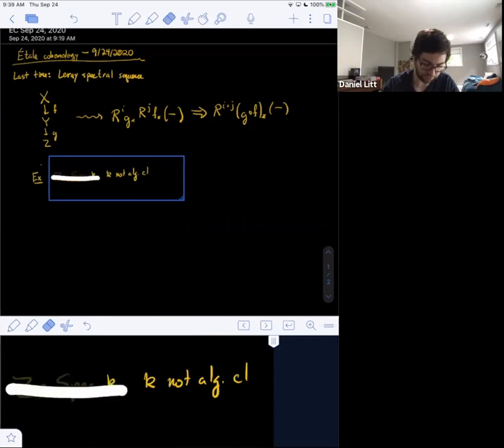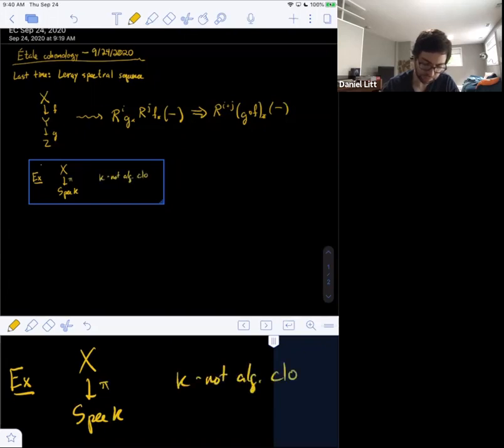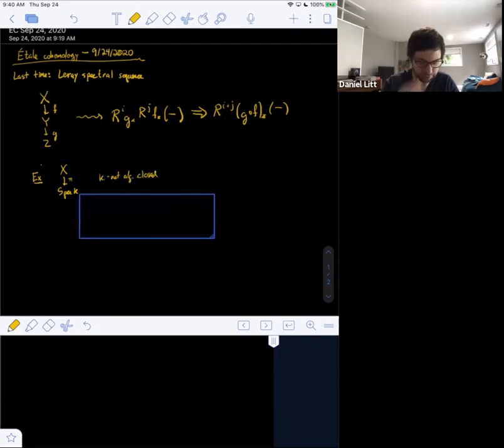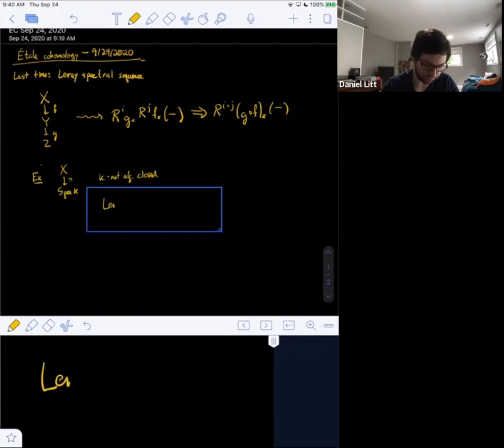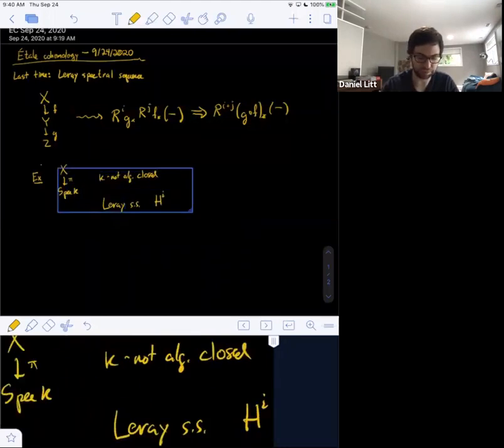In this situation, I explained that a special case of the Leray spectral sequence was as follows. Really this is the spectral sequence for the composition of functors pi lower star followed by global sections.